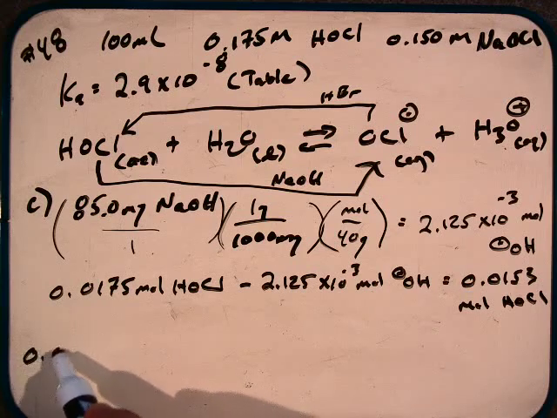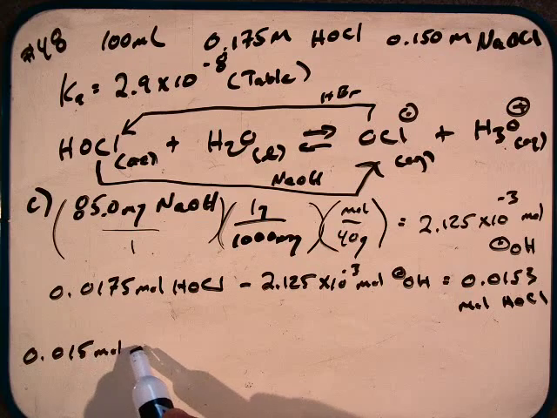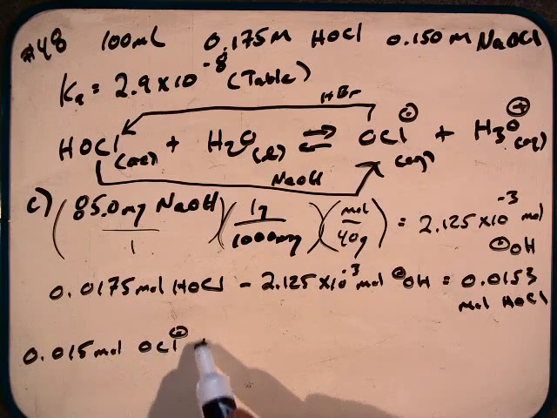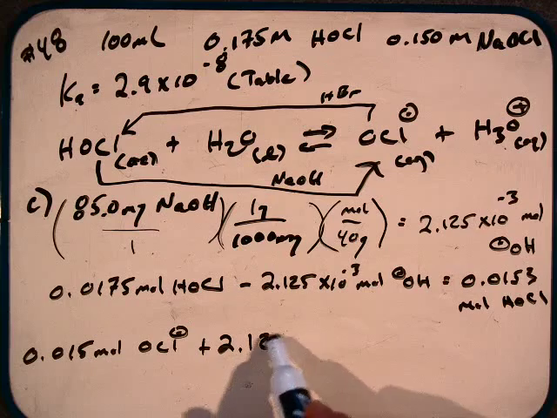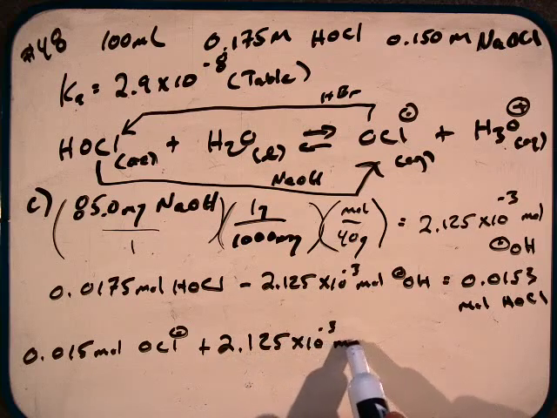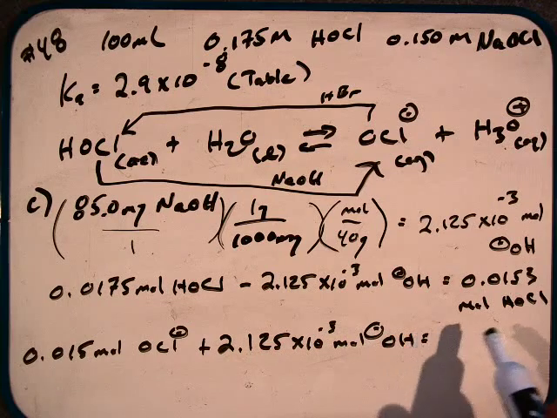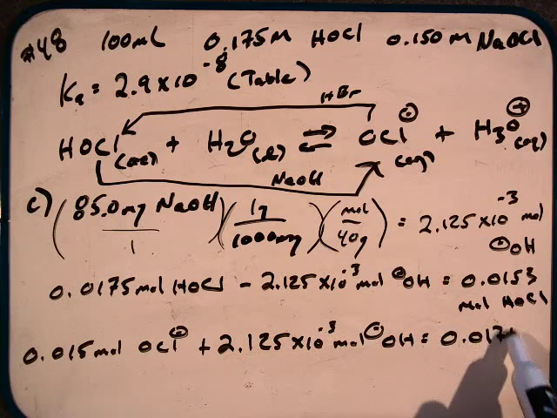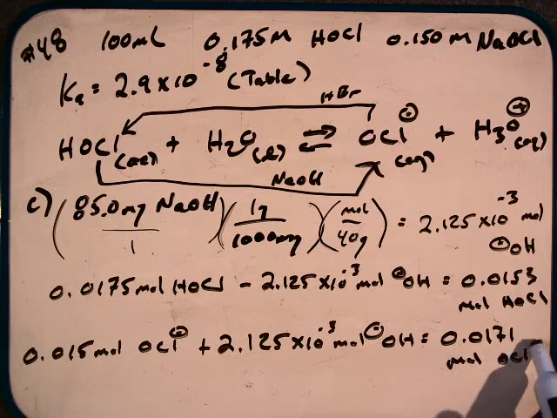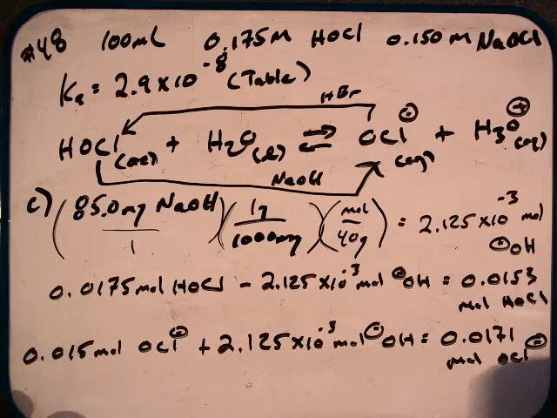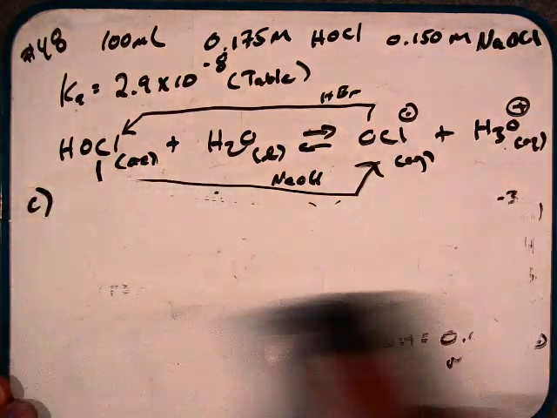And we're going to do the same thing for our conjugate base, but we are adding that value to get our new mole value of OCl⁻. So those are our two new mole values, again doing the same thing that we did for part B, except again we're reacting now with base. So we'll begin there.